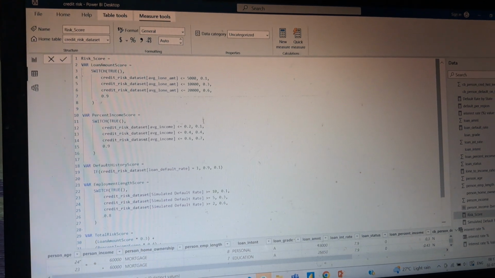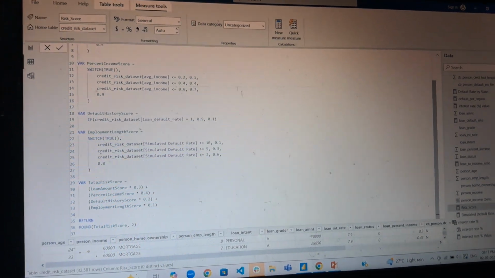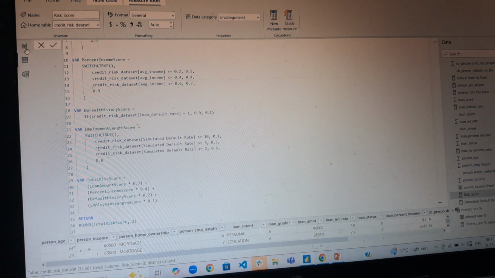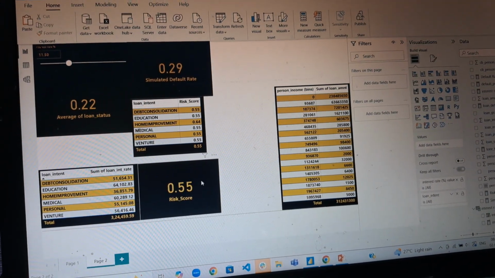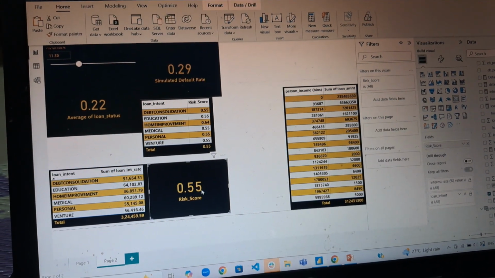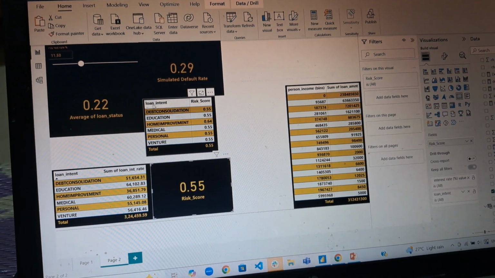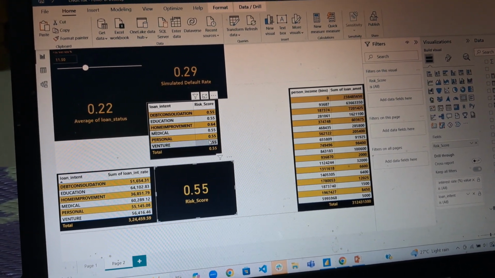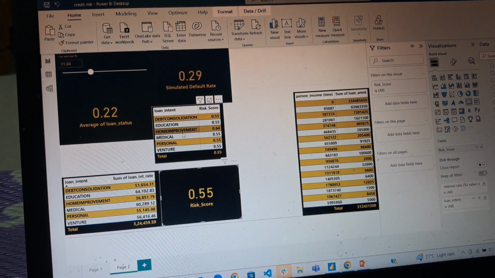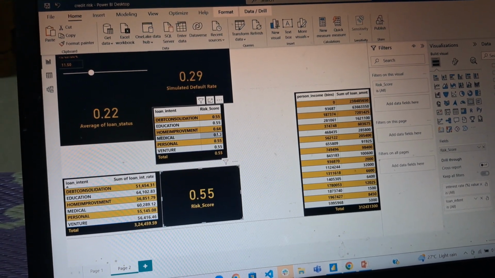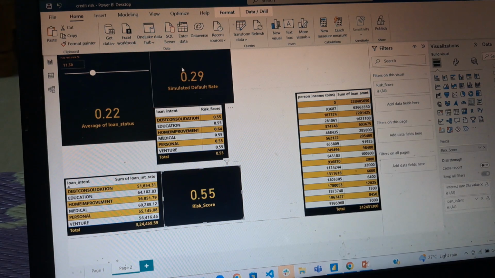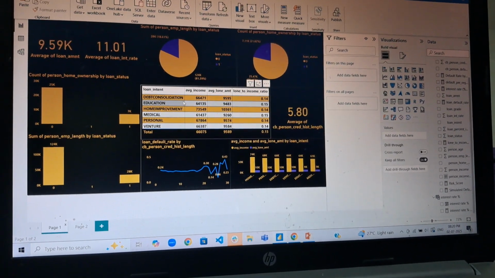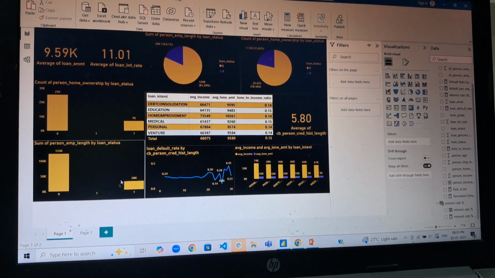This is the formula we have used for the risk score, and this is the risk score we got, 0.55. Each loan intent has its respective risk score. The third one has 0.64, which is the highest risk score among the loan intents. This is how we have created the dashboards according to the questions.